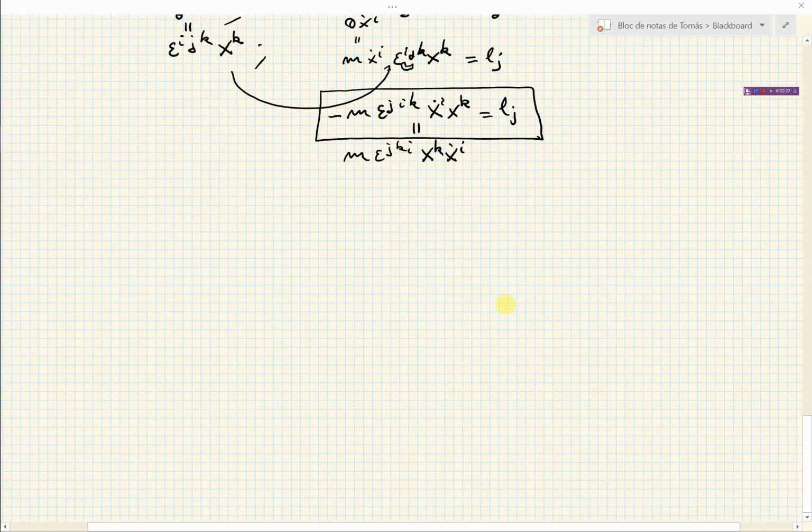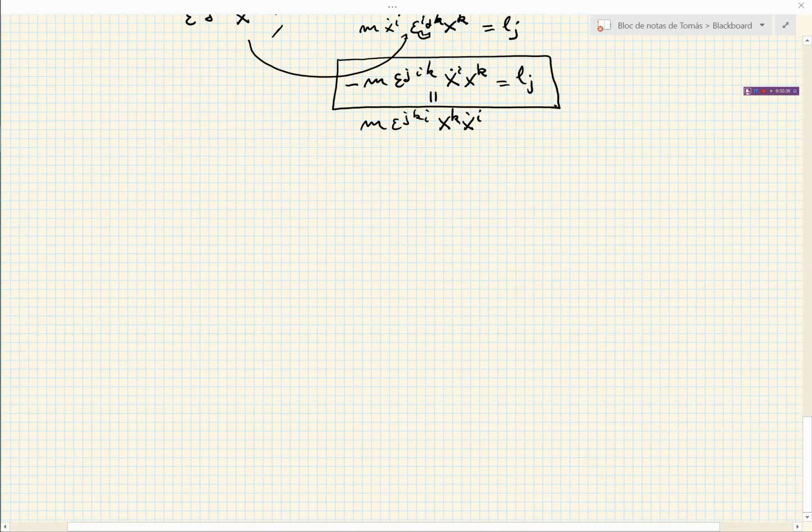Probably you are not used to seeing this quantity written in this way, but you have to learn this identity. So suppose that you have two vectors, a_i and b_j, three-dimensional vectors, so indices that go from 1 to 3. So I can also use this notation, a and b.